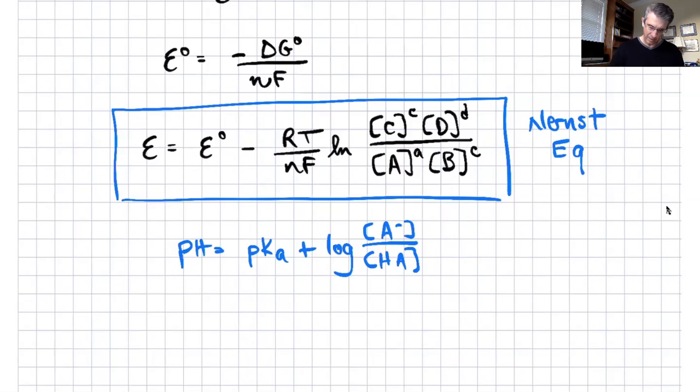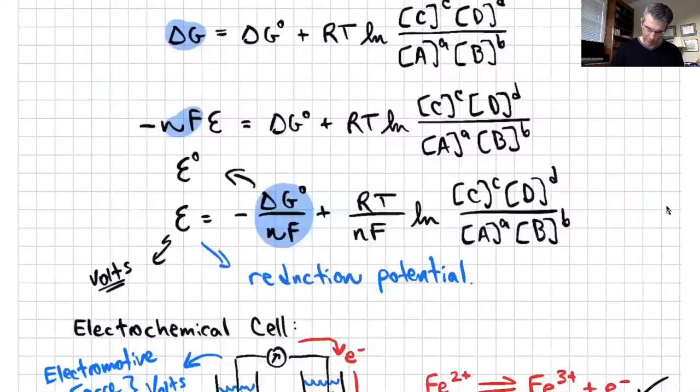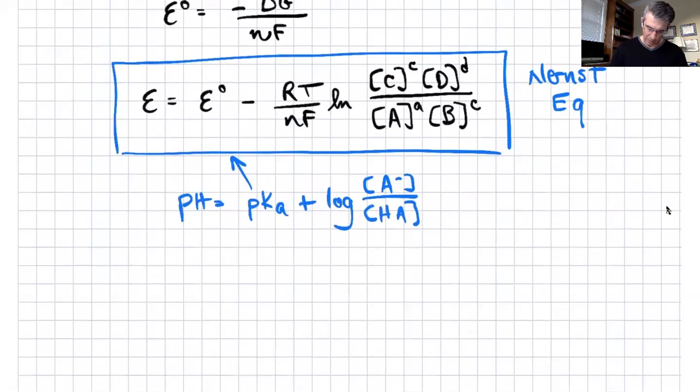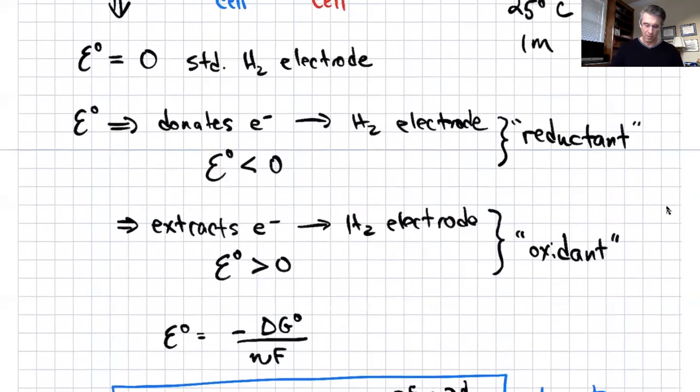We've got a referencing value, and then a term with a logarithm in it. From that point of view, the standard reduction potential is completely analogous to the pK, as we just talked about. The more negative or more positive the standard reduction potential is, the greater the tendency of a given redox couple to withdraw electrons or to give up electrons, as either a reductant or an oxidant.